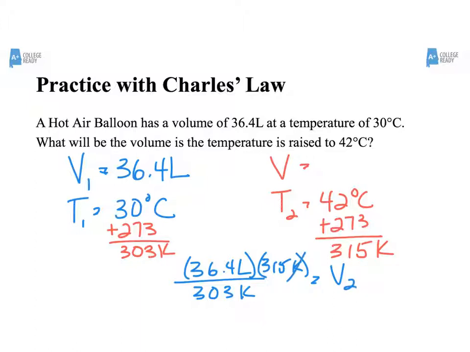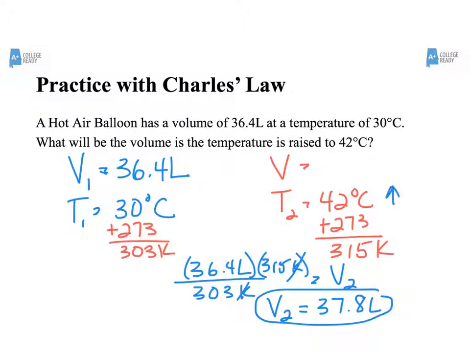Notice that my Kelvin units go away, leaving me with liters. And so now I just plug it in my calculator. V2 is equal to 37.8 liters. And in actuality, here's what happened. The temperature went up. And look, so did the volume. Volume went up.